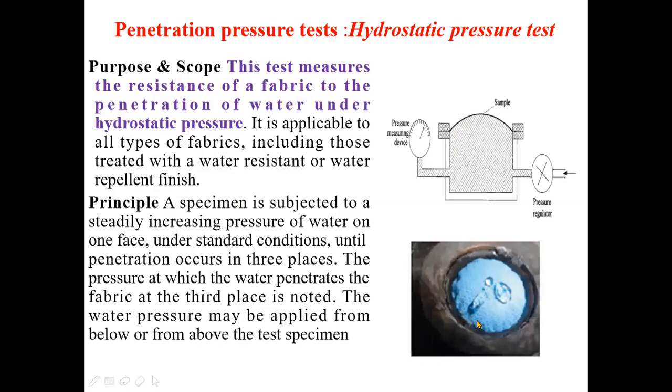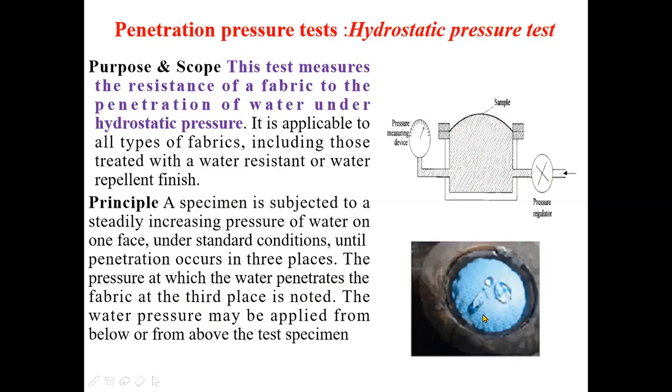See, this is the fabric. You can set this condition, and because of this pressure, water will penetrate through the sample, and the pressure at which the water penetrates the fabric at three different places. So 1, 2, and 3.